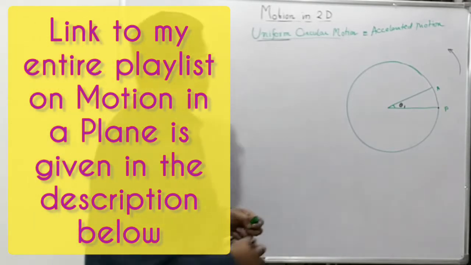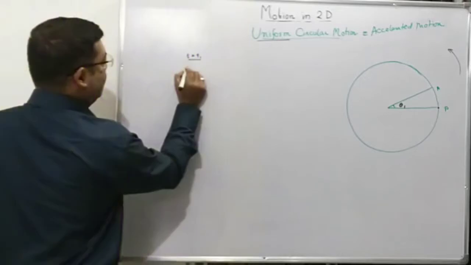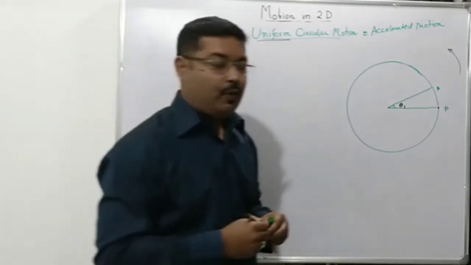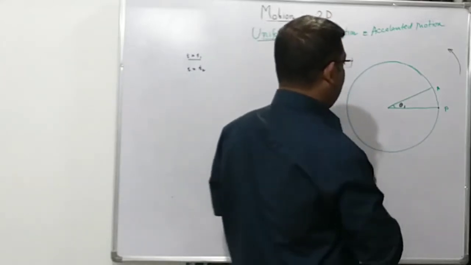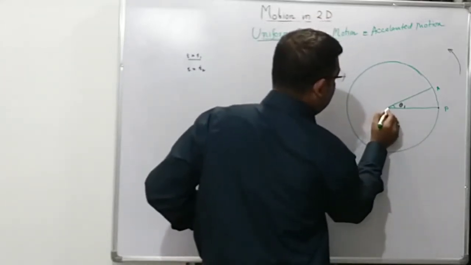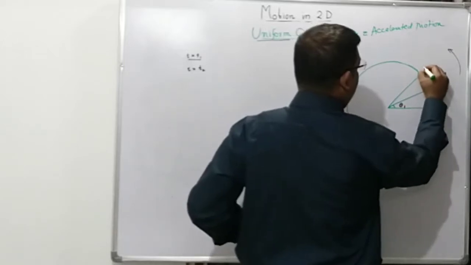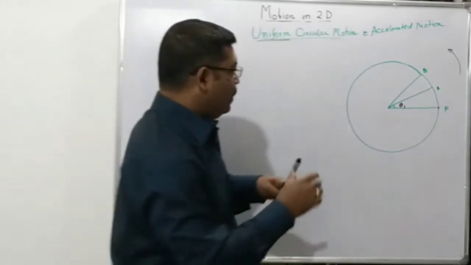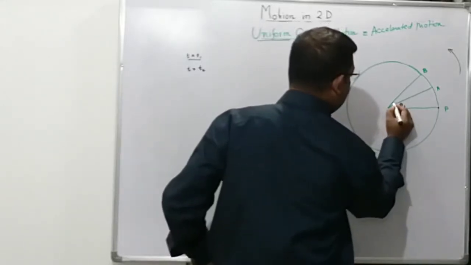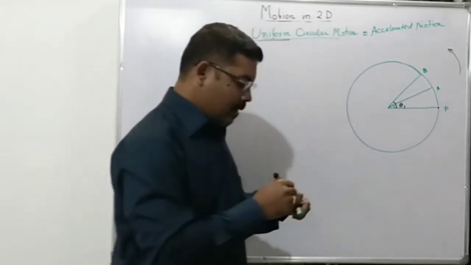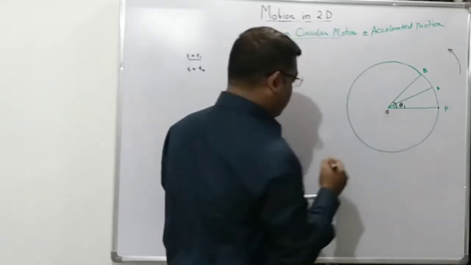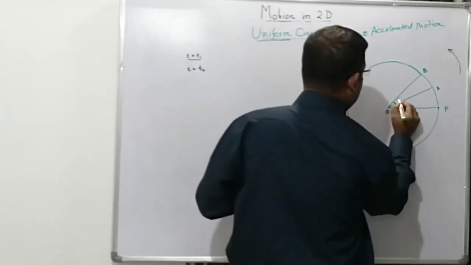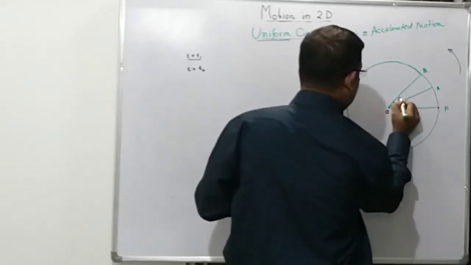Now, at some other point of time, that is t equal to t2, a little later, it would have moved a further distance and would have reached point B. And so now it will subtend another angle at the center of the circle, say O, and let's call this theta 2.